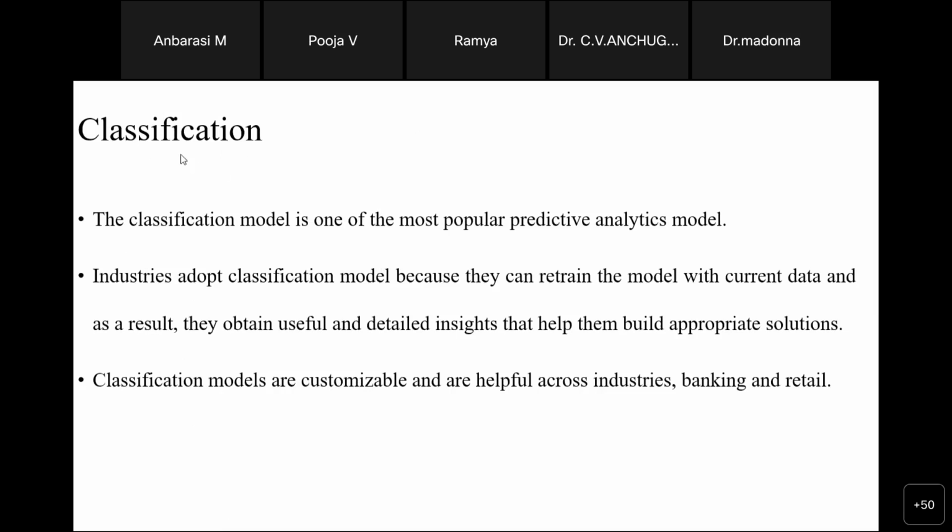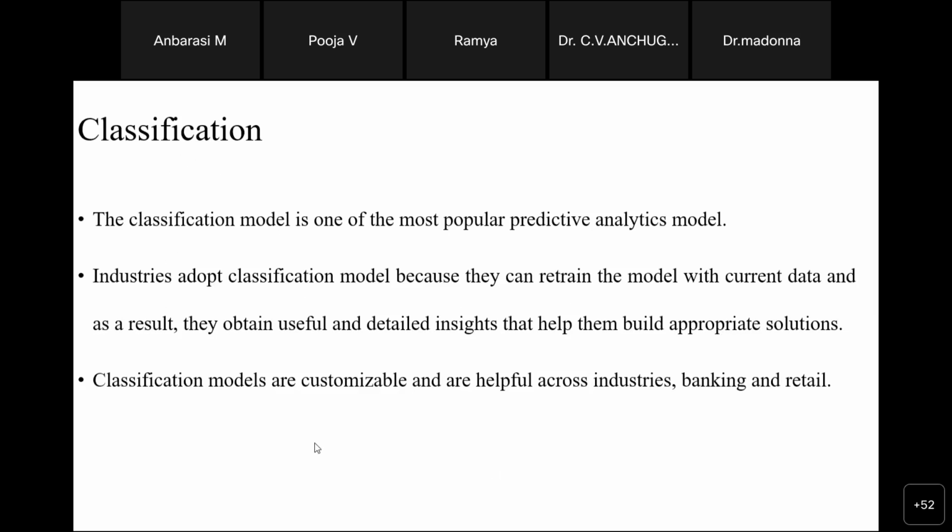So that we can call it classification techniques. In most of the industry, they adopt the classification model. Generally, they retrain the model with the current data, and then they try to get solutions so that for the upcoming data, the new data also, they are able to predict it.